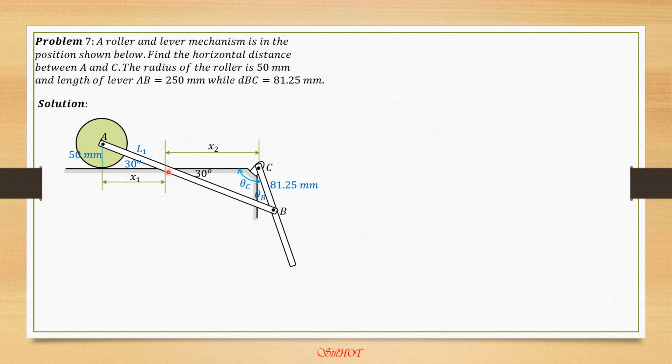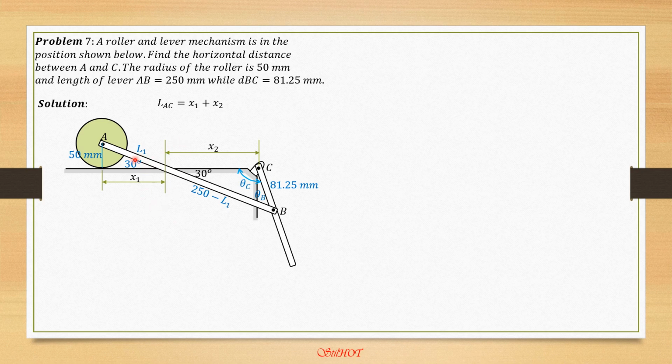This distance is equal to 250 mm minus L1. So from this triangle, let's set up the required length. Horizontal distance AC is x1 plus x2.